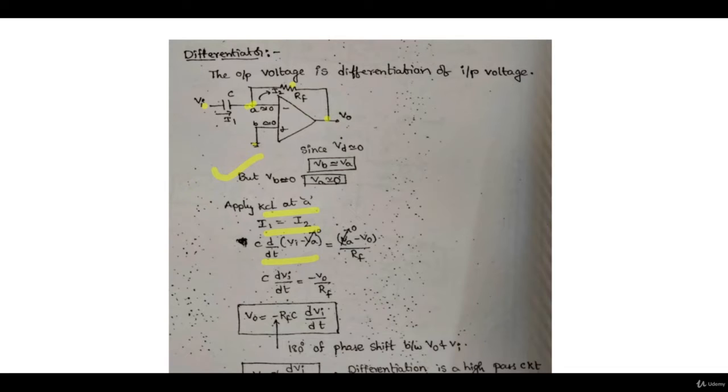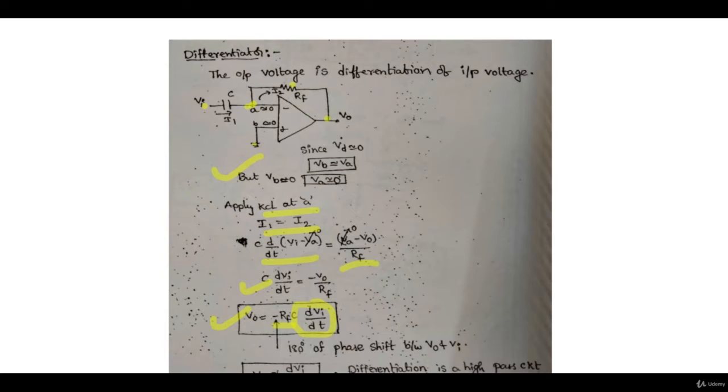So you can see this will become C dVi divided by dt is equal to minus V0 divided by RF, or you can say V0 will be equal to minus RF C dVi divided by dt. So you can see the output is the differentiation of the input with some constant.